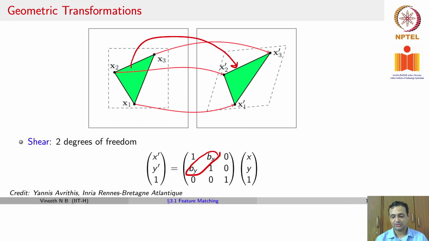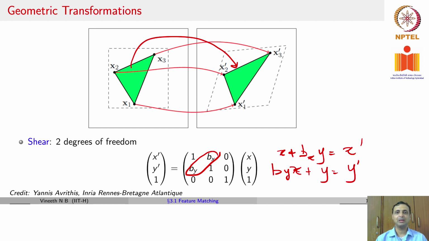You can write out the equations of shear as x plus bx y is equal to x hat, by x plus y is equal to y hat. This is simply a linear system of equations way of writing the transformation.